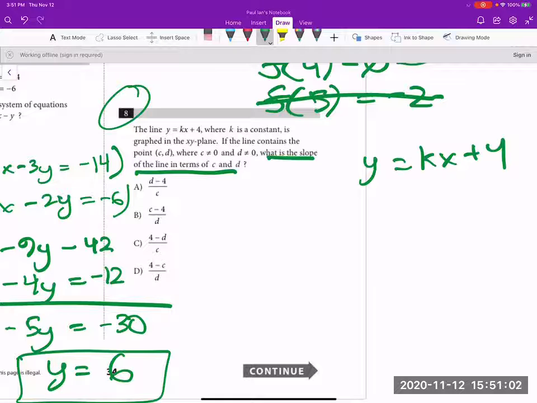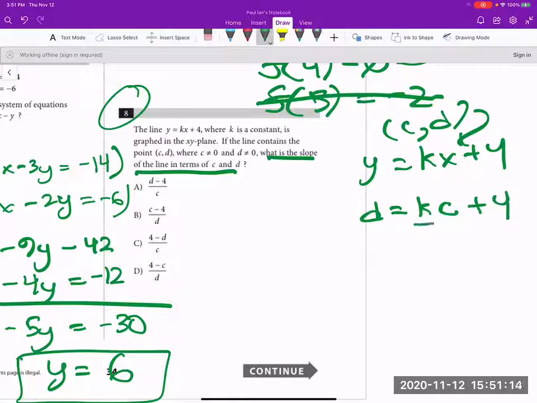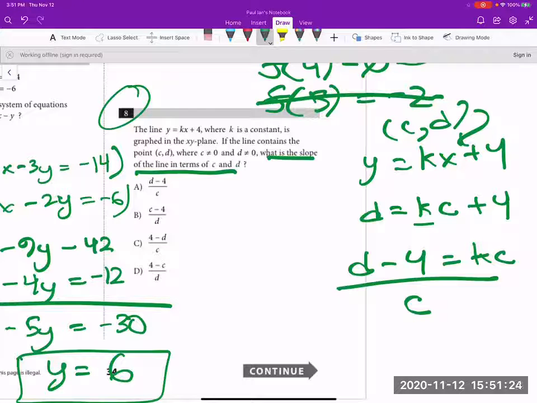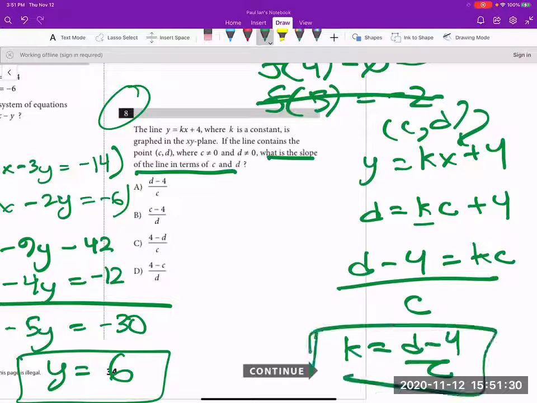You're given a coordinate, so plug them in and solve for k. So you have d equals kc plus 4, so d minus 4 equals kc, and then you divide by c. So k equals d minus 4 over c, and that matches a.